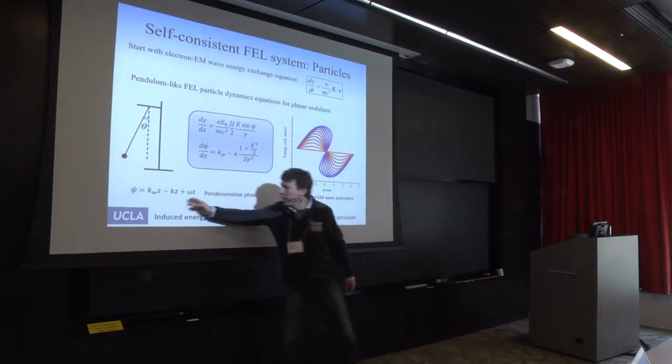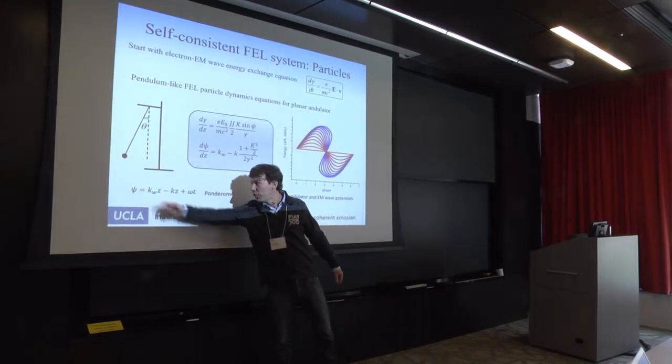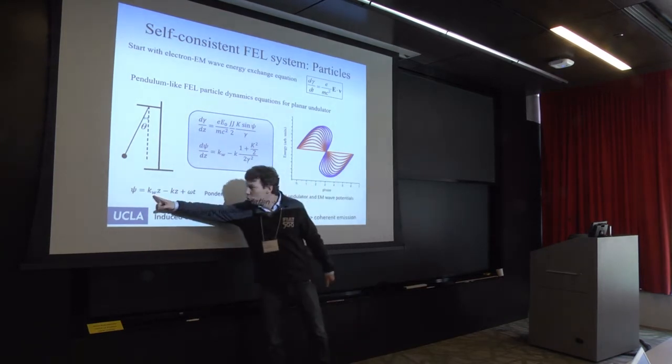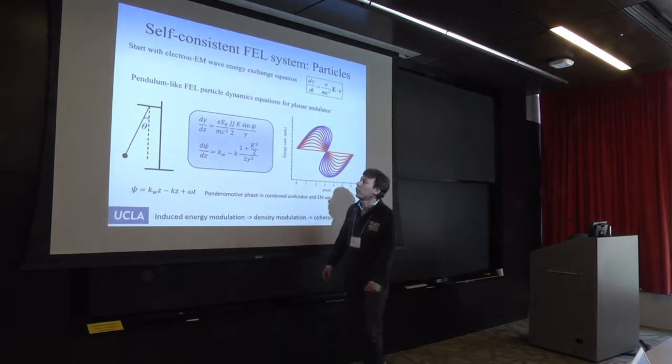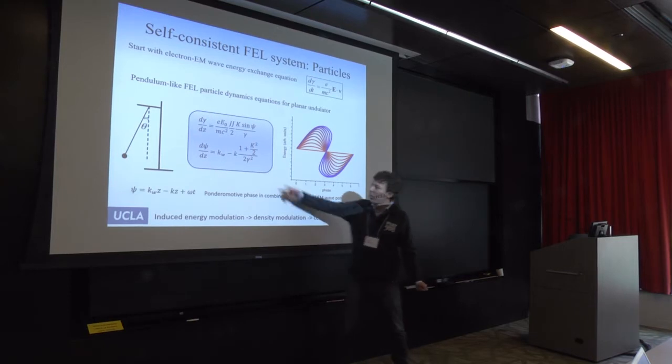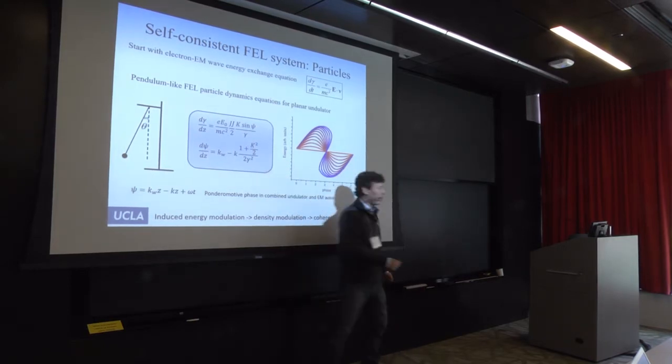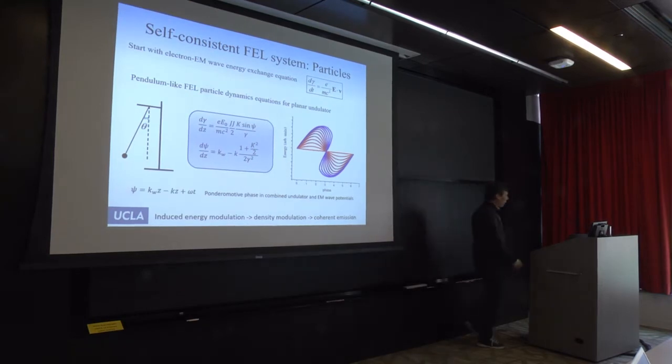In fact, this ponderomotive phase is the combined phase of the undulator oscillation and the electromagnetic field. The other equation for the electron, of course, a two-equation system, is the rate of change of the ponderomotive phase. This is pendulum-like dynamics.